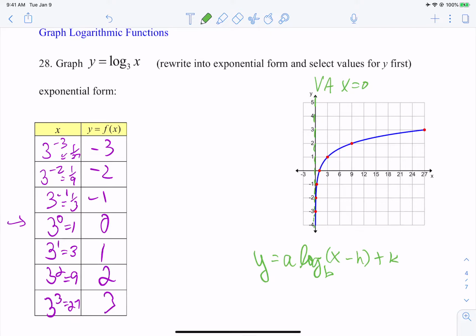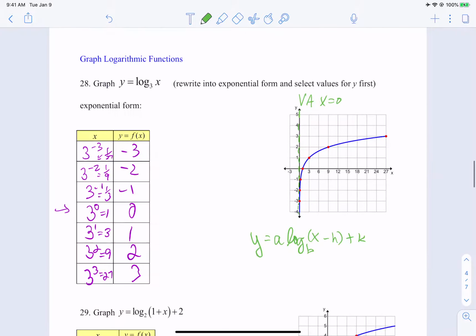But if you have this value here, where x minus h equals 0, so x is equal to h, that is always going to be our vertical asymptote for this graph. That's kind of our boundary that we will never cross.